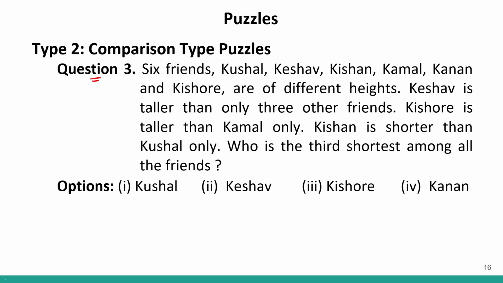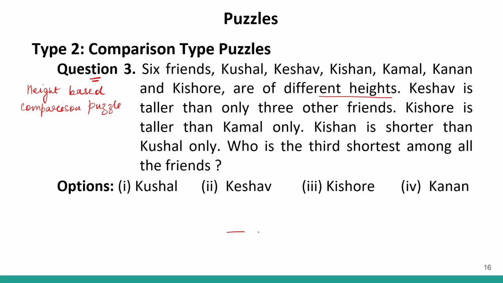Question number 3 says that there are 6 friends, Kushal, Keshav, Kishan, Kamal, Kanan and Kishore, and they are of different heights. So this is again a height-based comparison puzzle. Keshav is taller than only 3 other friends.